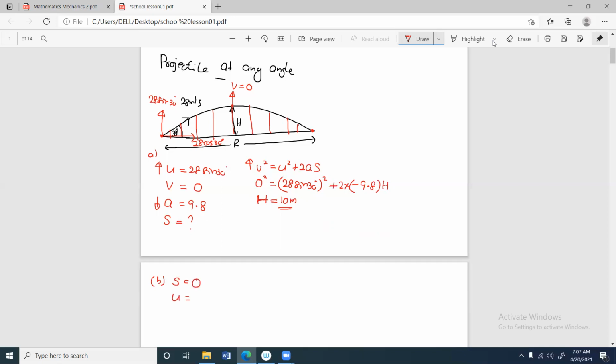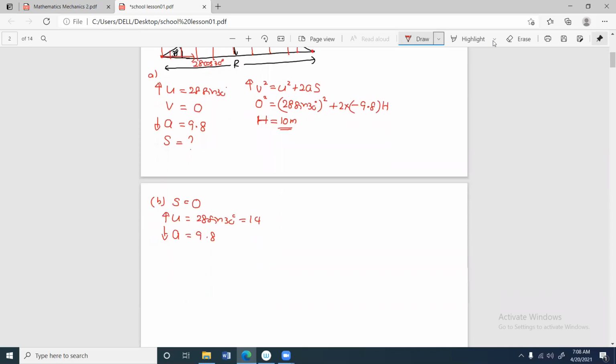U is 28 sin 30, which simplifies to 14, upwards, and a is downwards 9.8. The time of flight is T, so we apply s equals ut plus half a t squared.